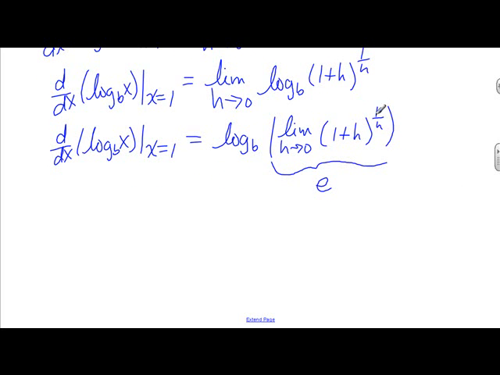So we can say that the derivative with respect to x of log base b of x at x equal 1 is equal to log base b of e.